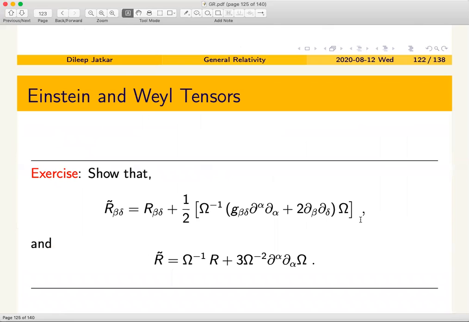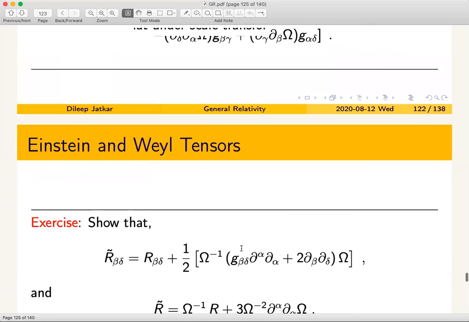You can do the same exercise with the Ricci scalar, and you can show that R tilde is equal to omega inverse times R plus 3 times omega to the minus 2 times the local Laplacian acting on omega. So it's a straightforward check.